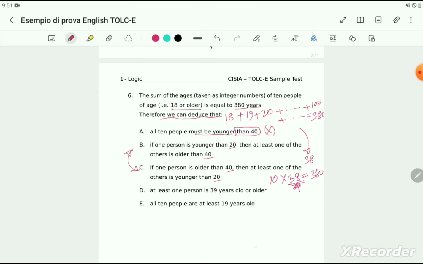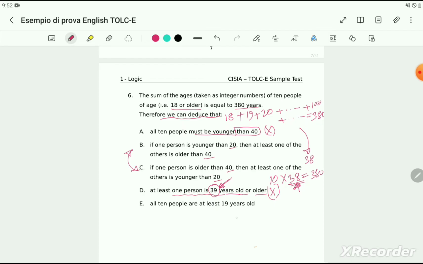At least one person is 39 years old or older. This is also not necessary. At least one could be older, 39 years old or older. In the question they didn't specify that it is exactly 39. So it's not necessary that only one person could be 39 plus.